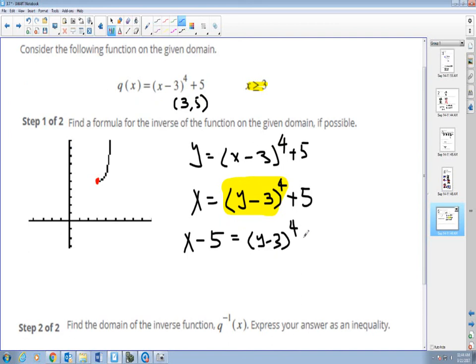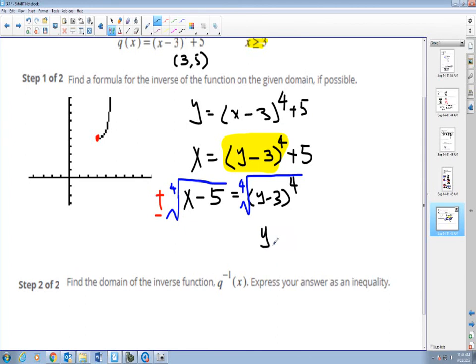Now, to get rid of the 4th power, I will take a 4th root on both sides. But when I take an even root on both sides, my answer should be what? Positive and negative. So y minus 3 is equal to a positive and a negative 4th root of x minus 5.